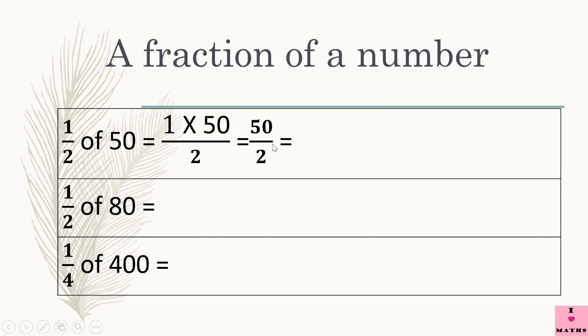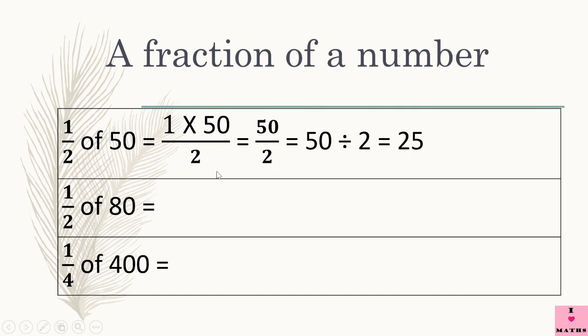Now upon means division bar. This means you have to divide 50 by 2. So 50 divided by 2 gives us the quotient 25, which you can make out even without this calculation.